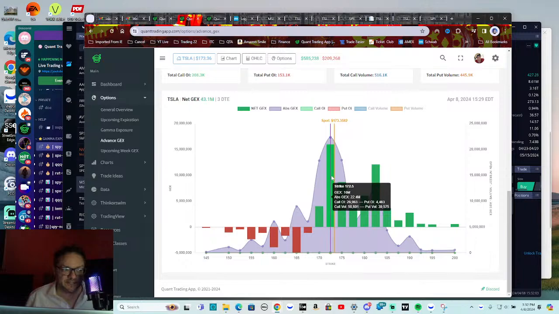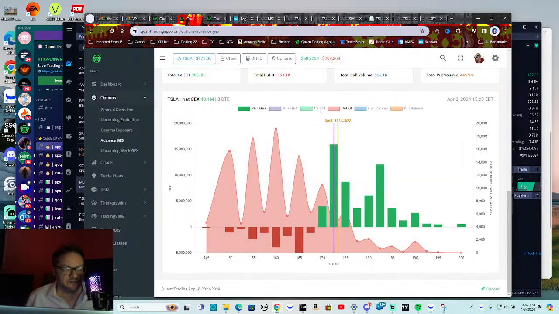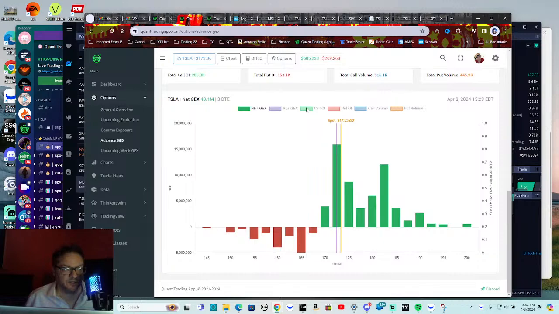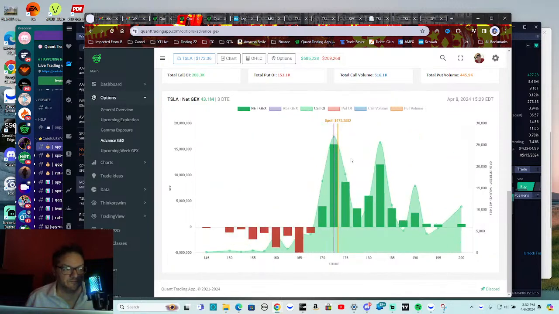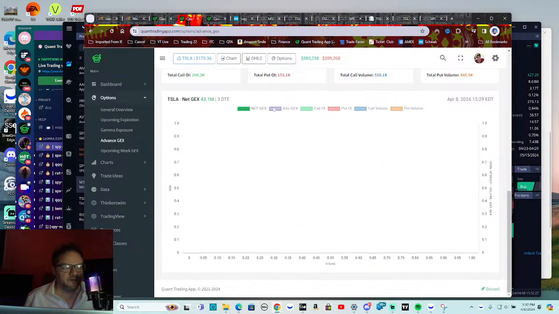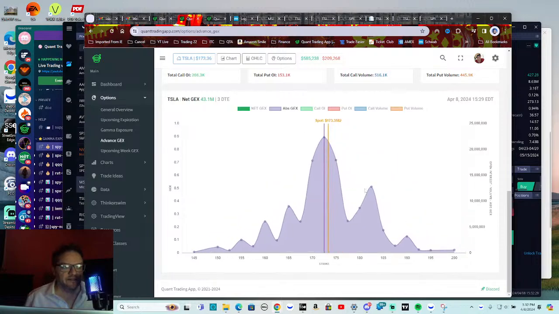This high gex will drop, and then we'll also notice the call open interest, and that should be a little higher. Let's see what that is. That's the put. I want the call open interest up here. We were looking at this earlier, or maybe yesterday, 182.5 as a point of secondary interest. And if we remove everything and see the absolute gex by itself, this is the secondary interest on absolute gex as well.